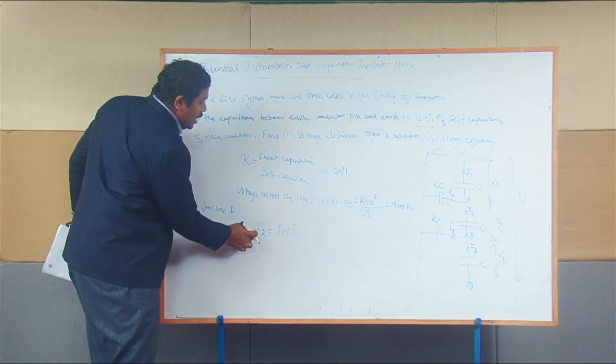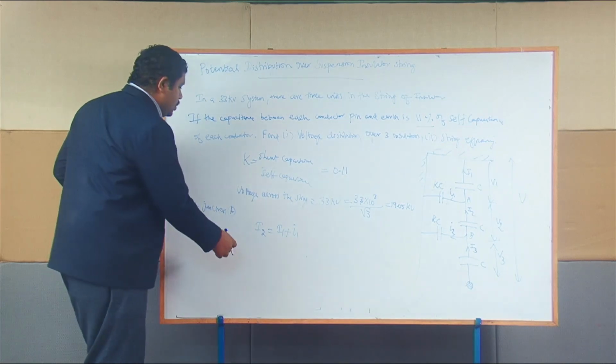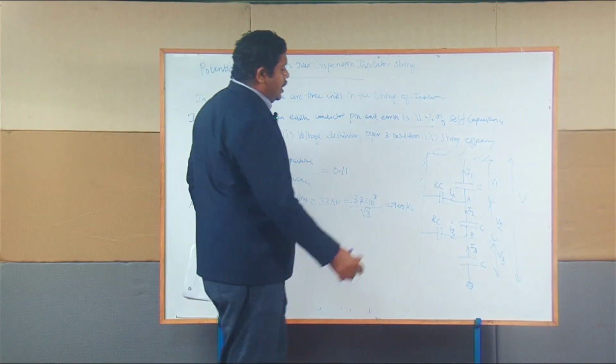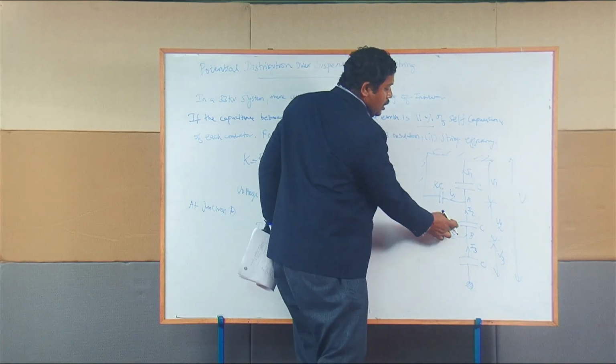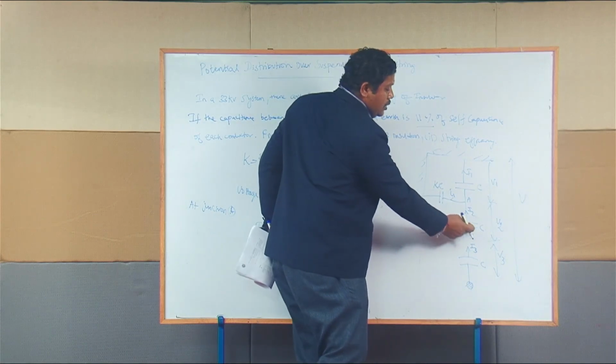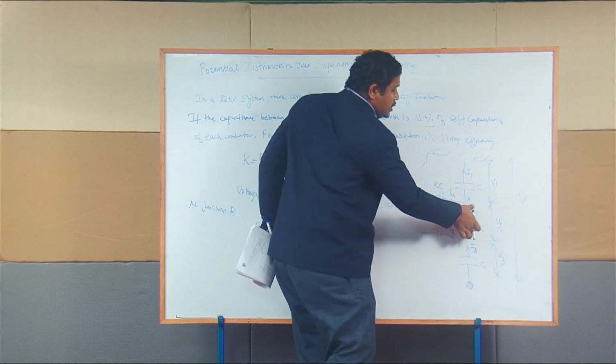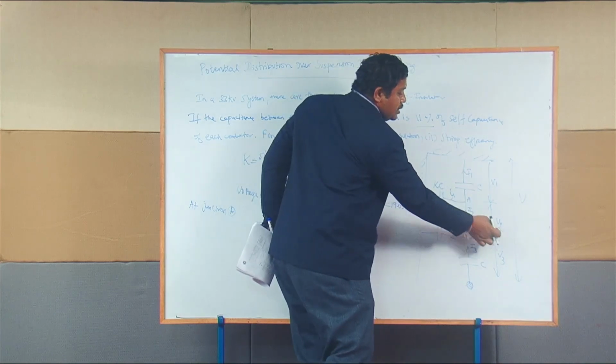So write your current in terms of voltage. So how will you write? For example, here we have current I2 which is flowing through the capacitor. The voltage across this capacitance is V2.